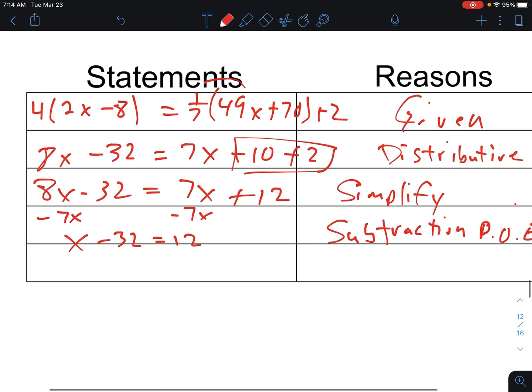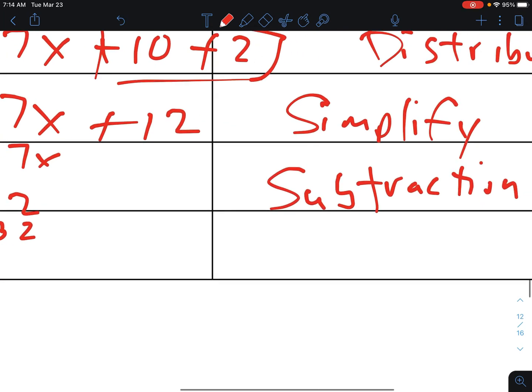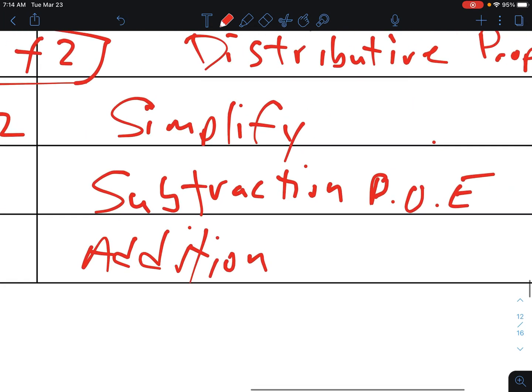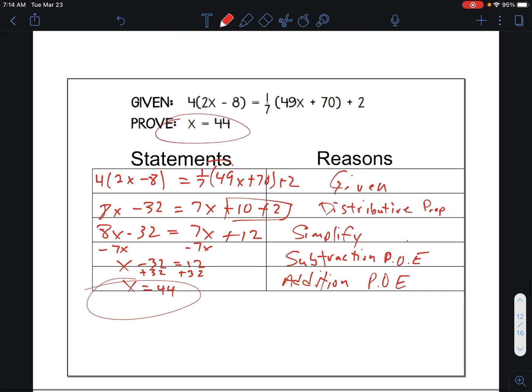And then last but not least, we're going to add 32 to both sides. And get x is equal to 44, and that was the addition property. And just double check. x equals 44, x equals 44, we're good, okay?